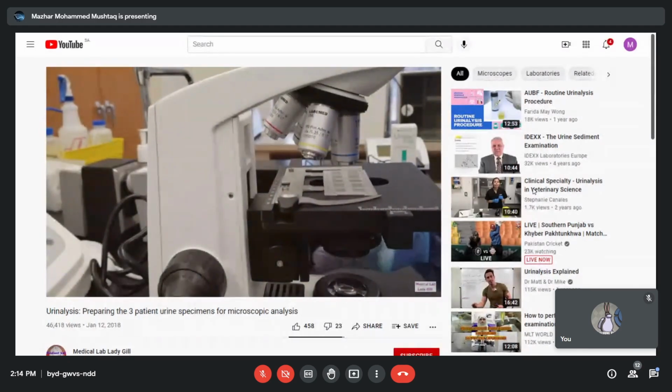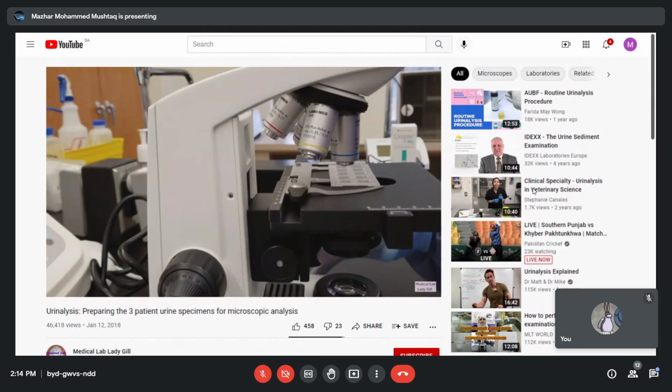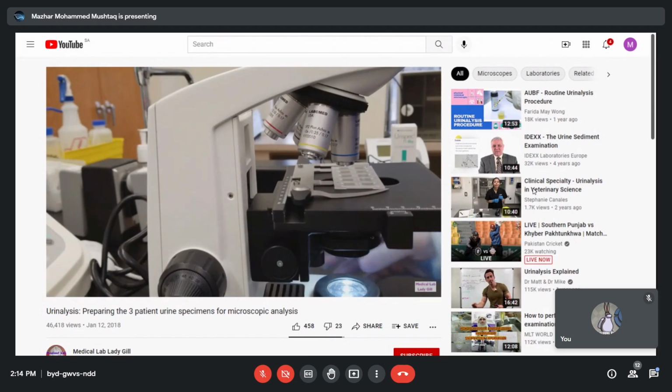So when you're moving your microscope holders, the pins, you want to make sure when you turn it on, the beam of light is going through the window that you want to use.